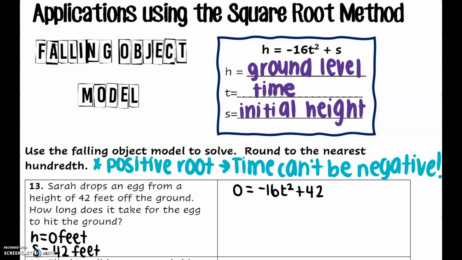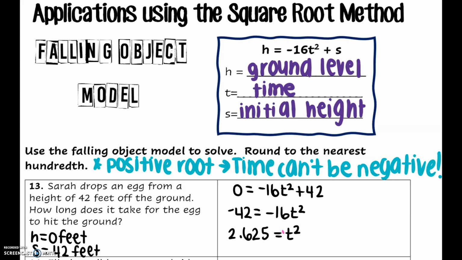Now we are going to solve using the square root method. First, we will subtract 42 over, so we have negative 42 equals negative 16 t squared. We're going to continue to isolate the t squared value. So in this case, when we divide negative 42 by negative 16, we get the decimal 2.625 is equal to t squared.